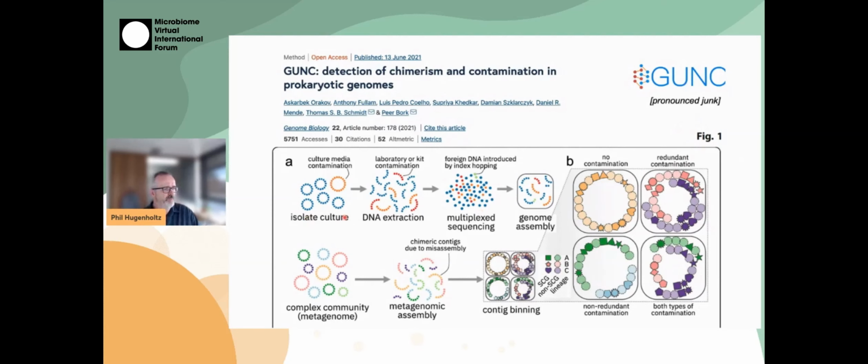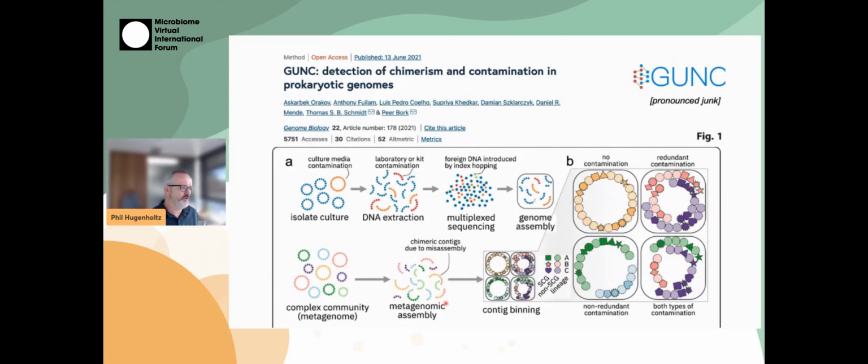And as most of you will know, if you have an isolate and you're sequencing it, you always have the risk of media contaminants. You always have the risk of laboratory or kit reagent contaminants. And when you go to sequence it and put the genome back together, if it's not a complete genome, it's a draft genome in many pieces, you can pick up bits of contamination from those sources. There's been a lot of conversation about MAGs or metagenome assembled genomes, because here you're starting with an inherently mixed community of different organisms.